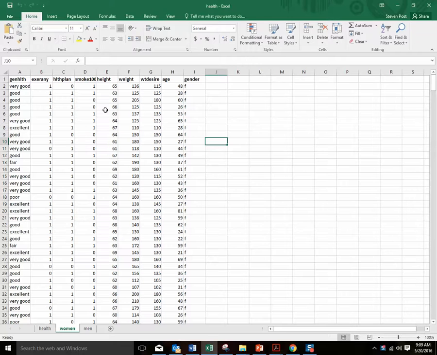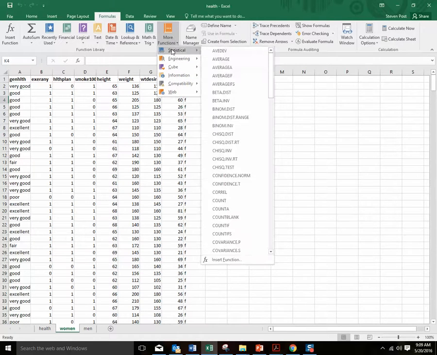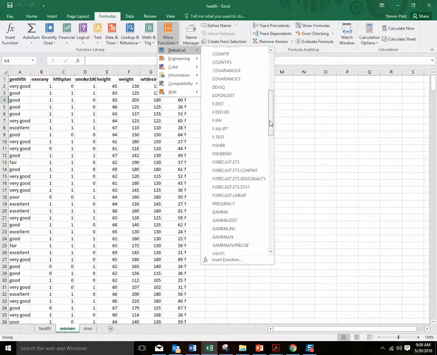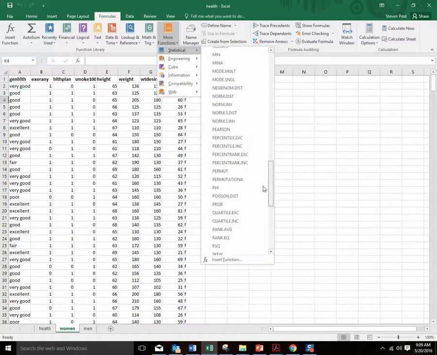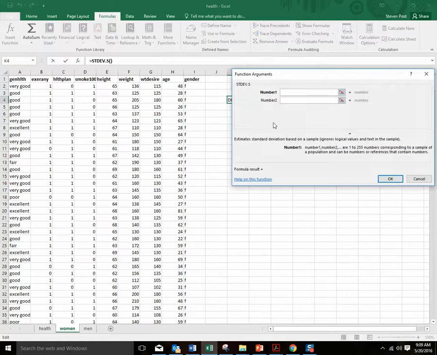So we've seen a couple ways of doing this. For example, if we wanted to do it using just Excel, to find the standard deviation, first of all, we move our cursor into an empty square where the answer is going to go. We go to formulas, more functions, statistical, and scroll down to STDEV.S, that's the one we're using in this class.